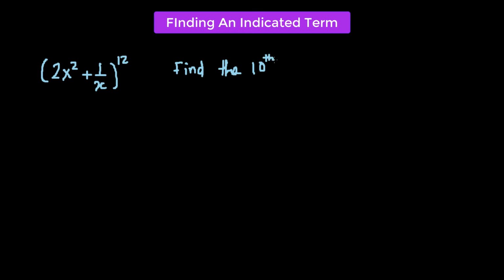Instead of writing each and every term and then figuring out the 10th term, which would take a lot of time, we're going to use the concept of the general term.